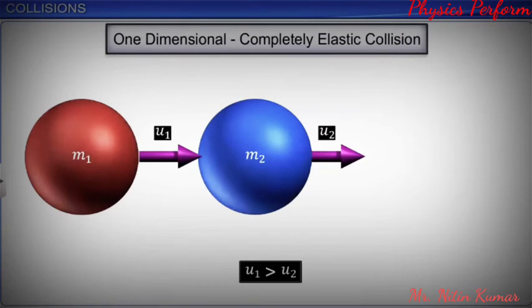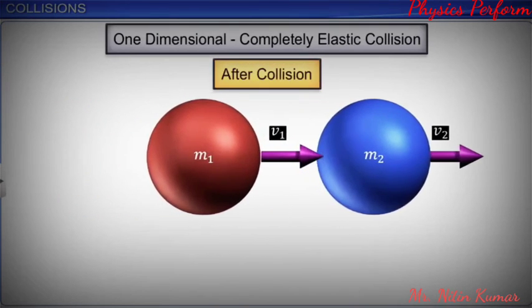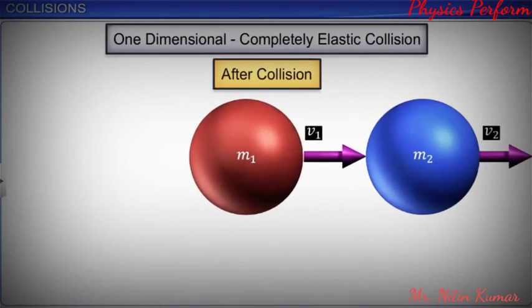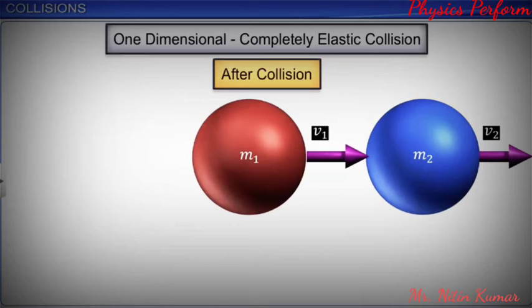If u1 is greater than u2, then there will be a collision between the two bodies. Let the collision between the two bodies be elastic, which implies that it is a completely elastic collision. Let the velocity of m1 be v1 and that of m2 be v2, just after the elastic collision.